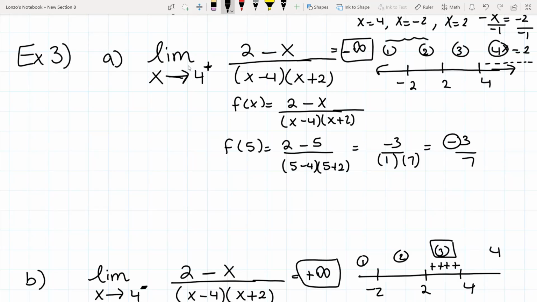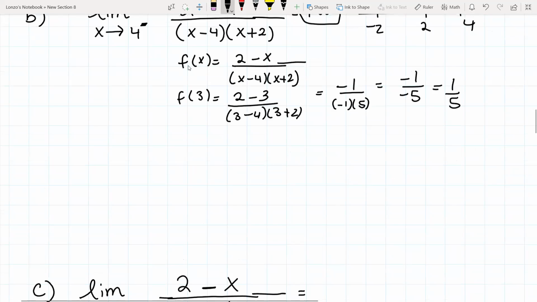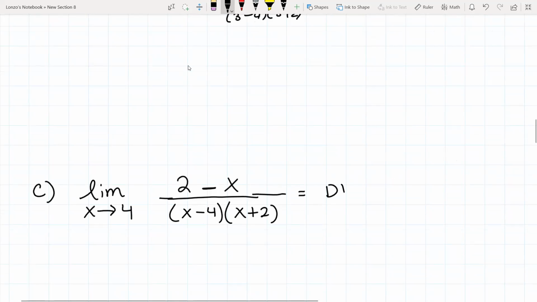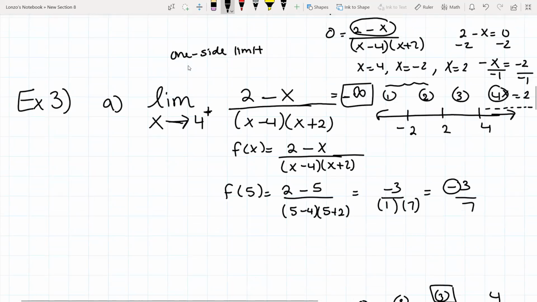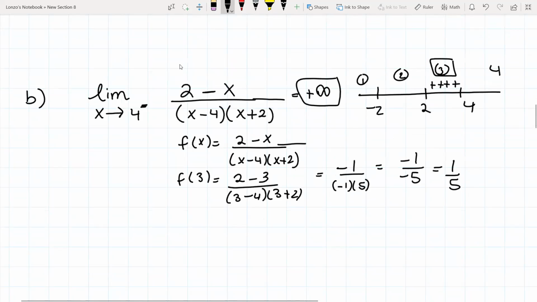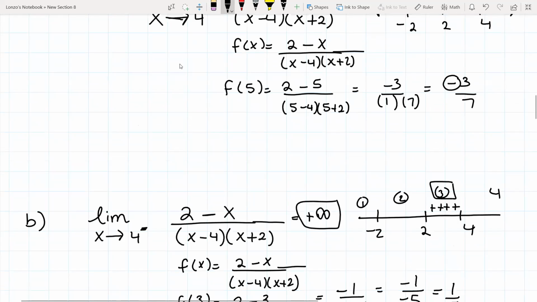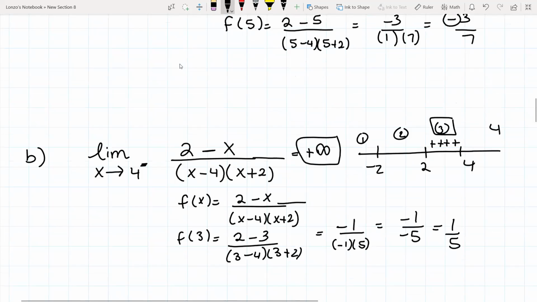So because there are different values from 4 to the right and 4 to the left, it no longer exists. So it would be D and E. And if they were both the same value, then it would just be that value.